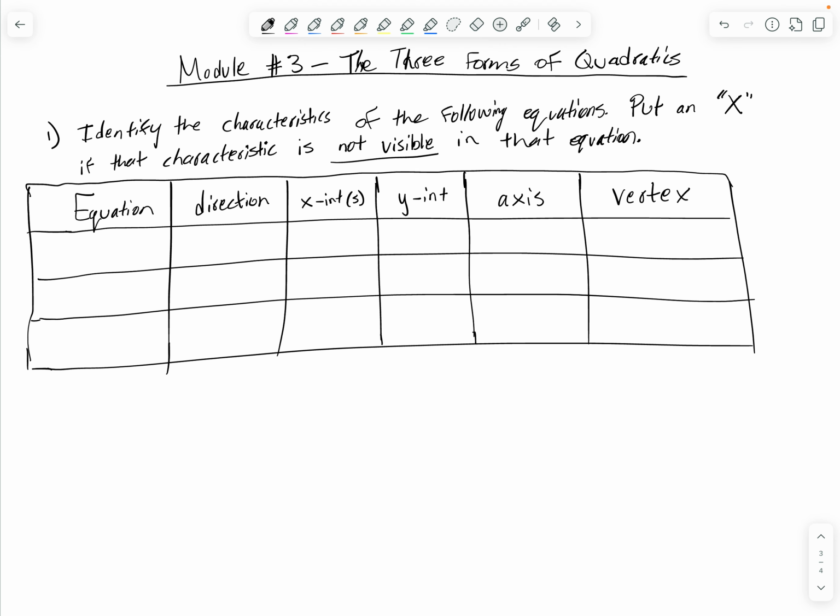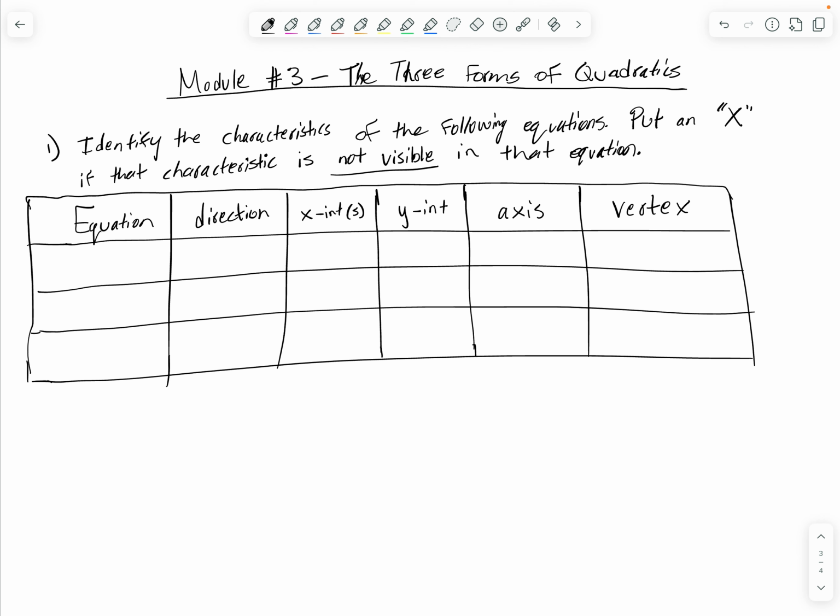So I'm going to give you 3 of the 3 forms, hence the title of this module. So here's one: y equals negative half times x minus 4 in brackets times x plus 2 in brackets.